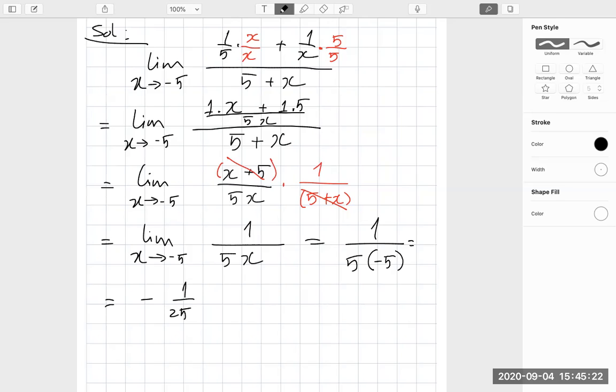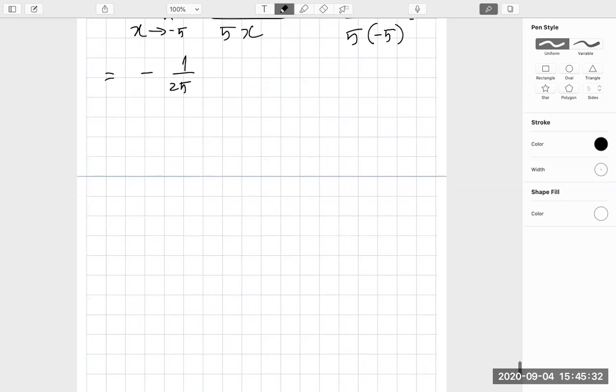Okay. Number 16. Limit when x approaches -6 of (7x + 42) divided by the absolute value of x plus 6. Let me write it down.